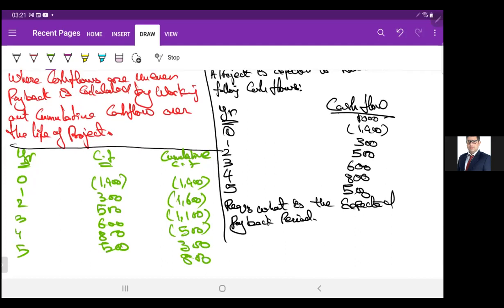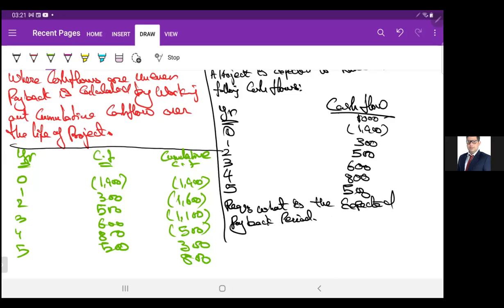So in the table above, you can see the cumulative cash flows for the project to date. The ones in brackets are negative, and then we get to positive. In year four, we get to positive.